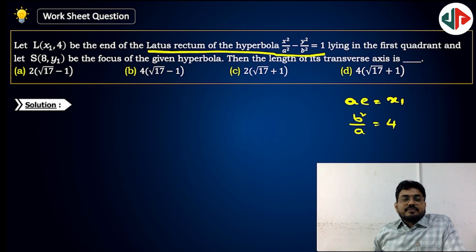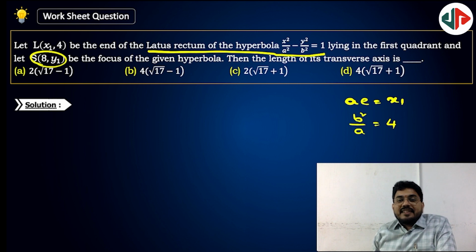And (8, y1) is the focus of the given hyperbola. So this is 8, okay, and y1 is equal to 0.